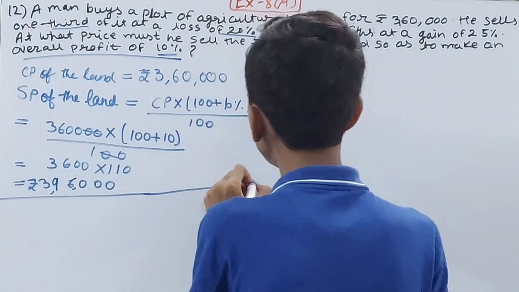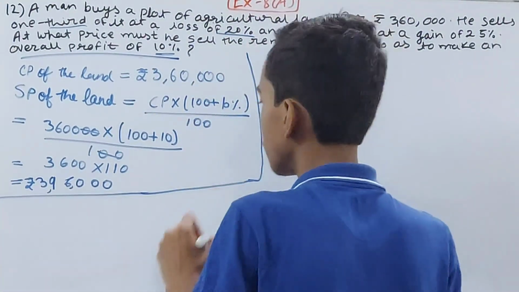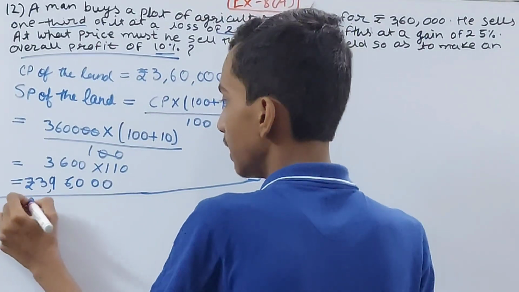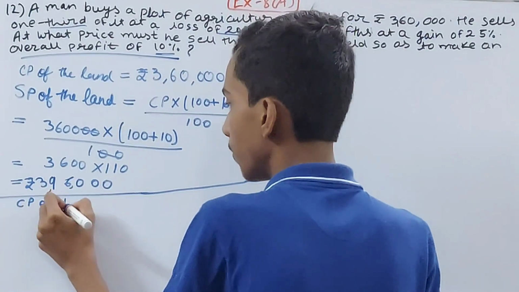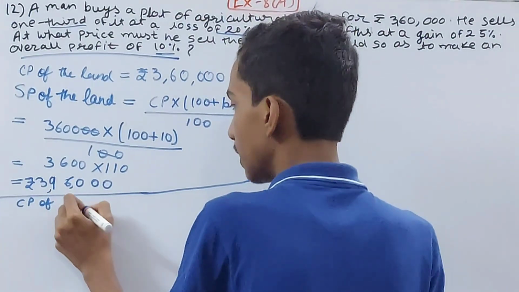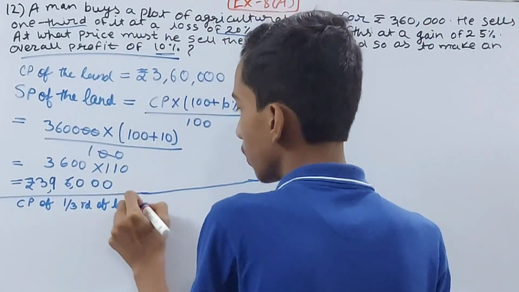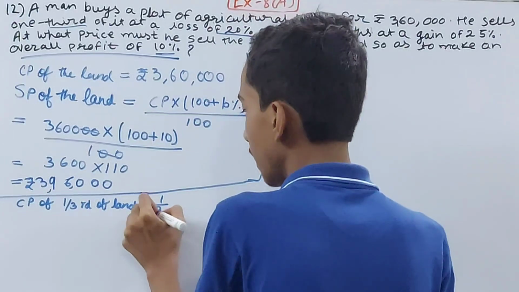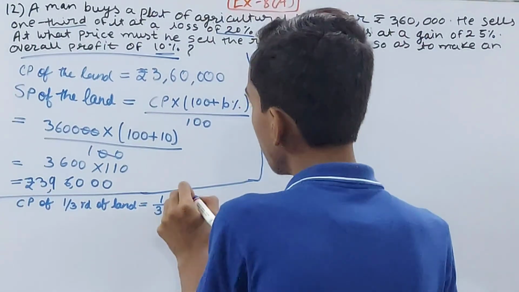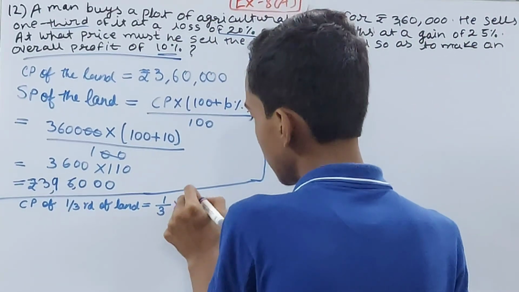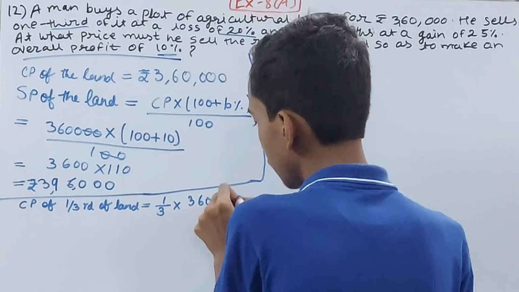Okay, now you see here, CP of one third of land. So the cost price of one third of land will be 1 upon 3 of what? 3,60,000.